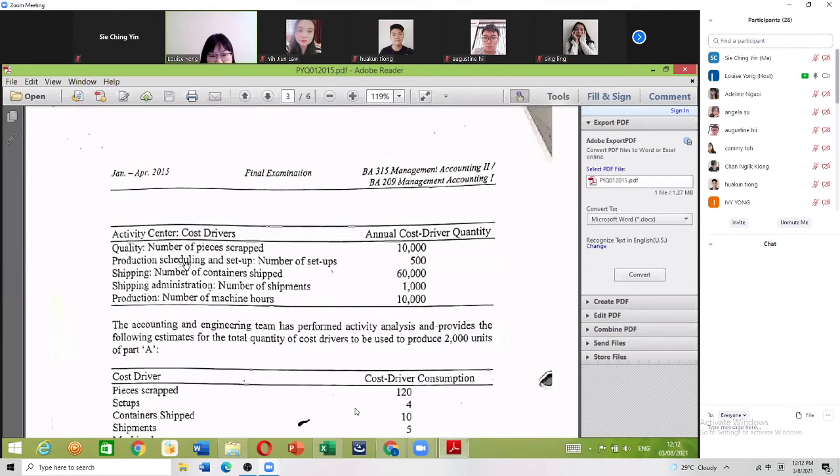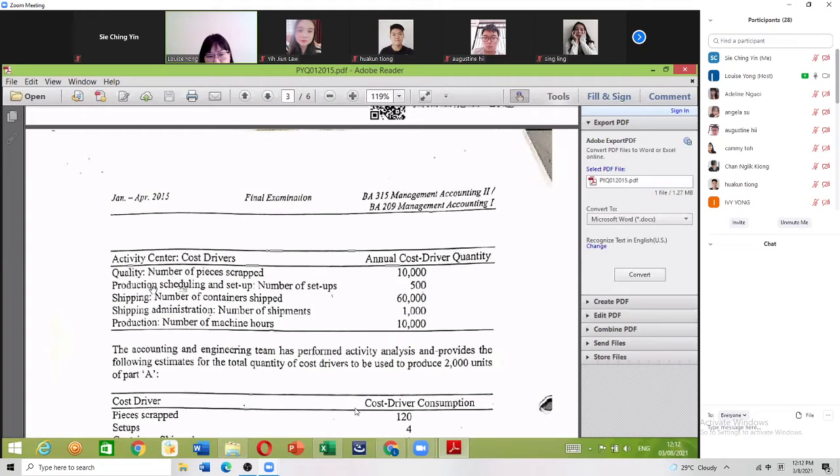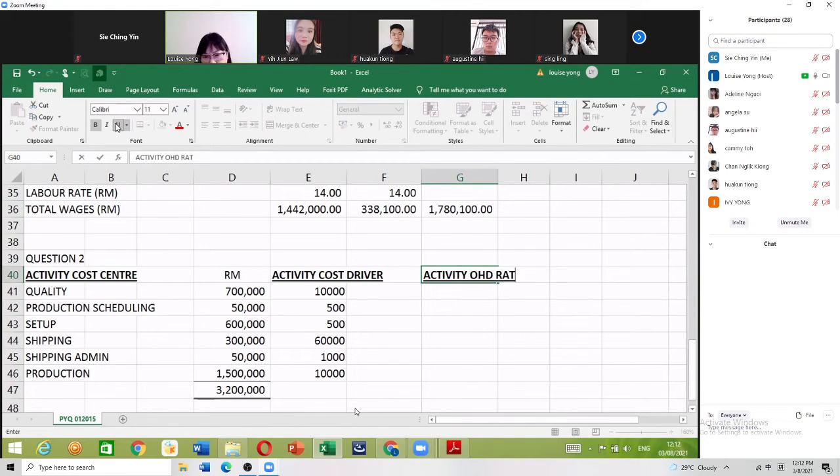Production scheduling and setup both use number of setups, so both are 500. Then calculate your activity overhead rates. It's not difficult: use your cost divided by your cost driver, so you will get 70.